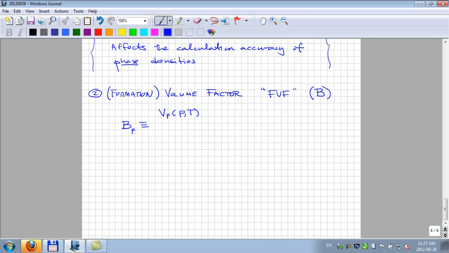Remember, we talked about we have this composition in pressure and temperature. It's outside the phase envelope, and it's got a volume. And if we take that volume and divide it by the surface volume of that gas, okay, now it's a component, but okay, coming from that phase.